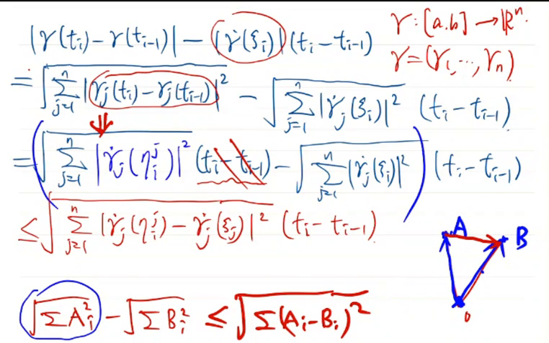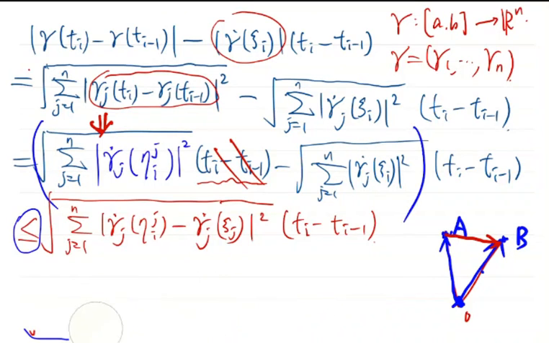Okay, this is a very crucial step to estimate the complicated difference of the two square roots in the previous step. But using this geometric idea, it is quite easy. Okay, now having obtained this inequality, we can go further.